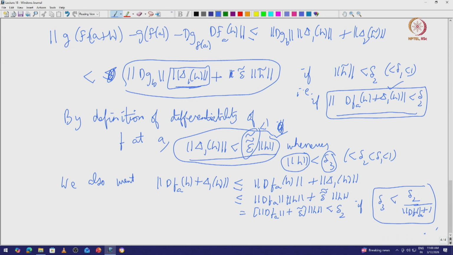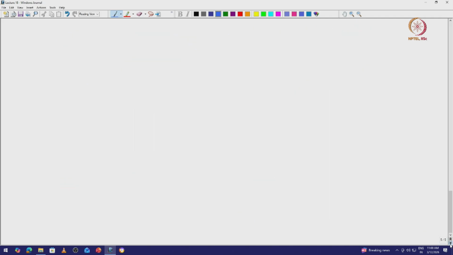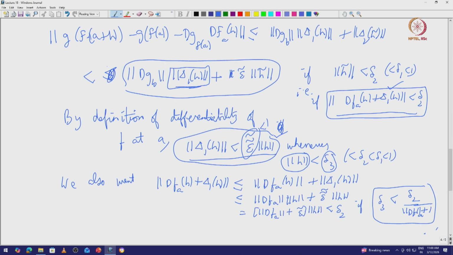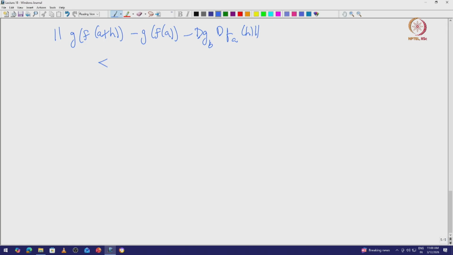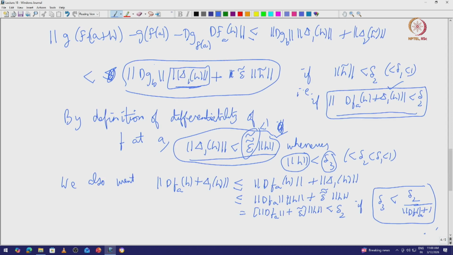So, in other words, this is less than norm dg B. What is delta 1 of H less than?